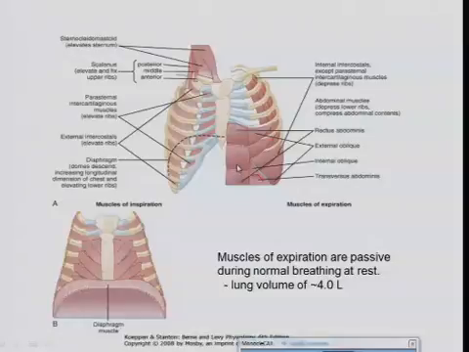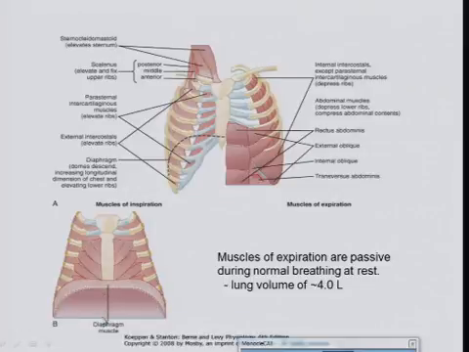So what happens is when we breathe in, we contract the diaphragm, and when we contract the diaphragm, you can see it better in this image here, the muscles in the diaphragm shorten, so therefore it tightens, and this diaphragm actually pulls down.